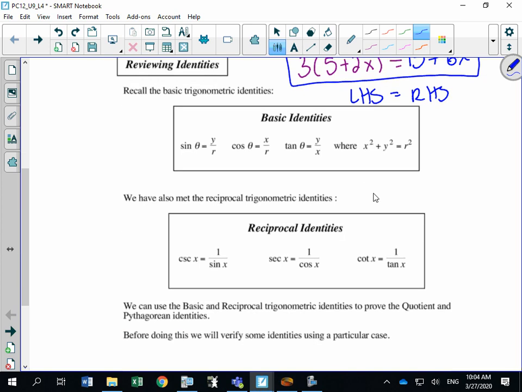We have actually done basic identities. So these are your basic identities. Remember that for this identity here, I told you to memorize that acronym, 7 yellow rabbits. So sine is equal to y over r, cos is equal to x over r, tan is equal to y over x. Those are basic identities.